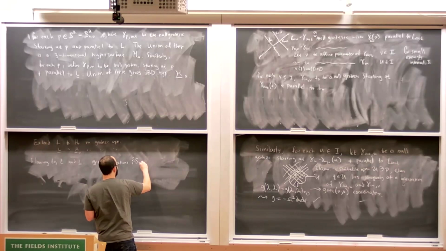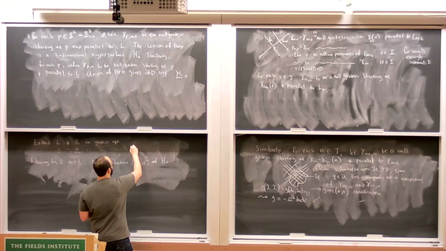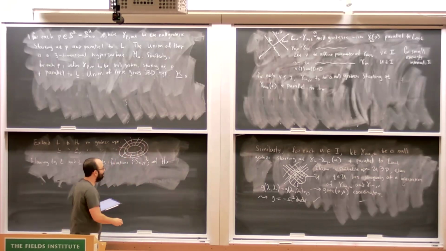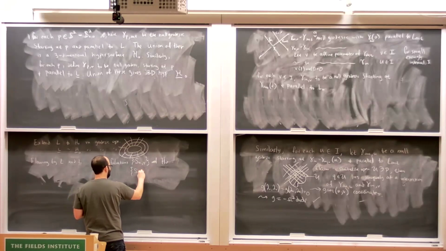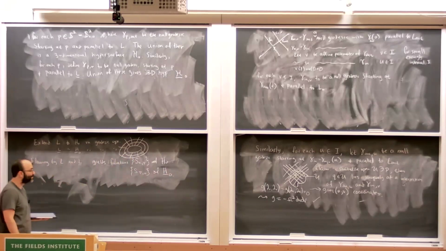Let's call it S u tau. So this is a foliation S0 tau of H0. Here's your sphere, and these H0s are all these null geodesics coming out of it, and I'm getting all these spheres that foliate them. Then similarly I have S tau 0 of H bar 0, and on the other one, I do the same thing.